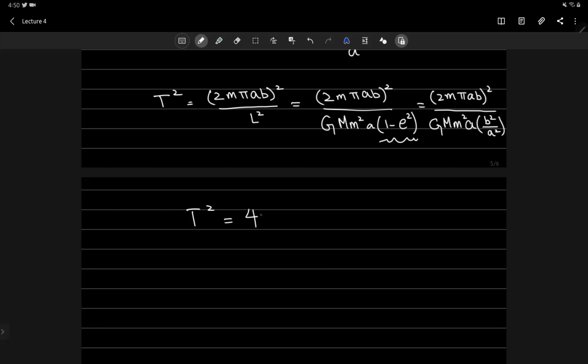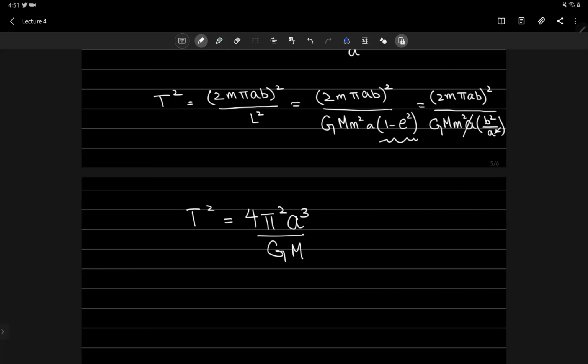We would have pi squared, and let's see if we make some cancellations. यहाँ से a ऐसे, and it would go up and it would give you a cube, right? और ये b यहाँ से b squared है, तो ये ऐसे b squared ऊपर वाले term में भी है नीचे भी है, तो it would just vanish, right? Or it would just give us 1. So that's it, right? And of course divided by g m. ये m squared भी है, वो इस वाले m squared के साथ खत्म हो जाएगा, right? Okay, let me get rid of these lines now.